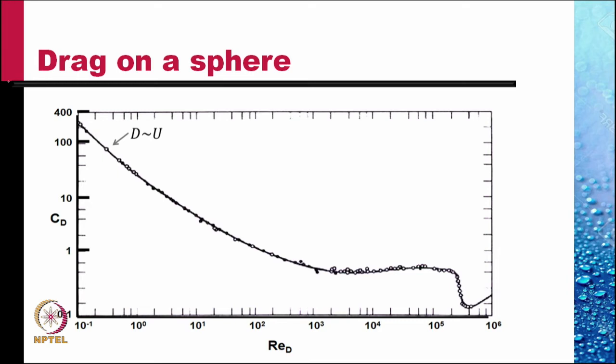Initially, the drag varies linearly with velocity, but for larger values of Reynolds number, the drag varies like u square, since the drag coefficient is about constant. But the point to notice is that at large Reynolds number, the drag coefficient is of order 1.